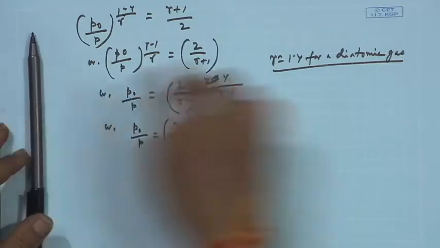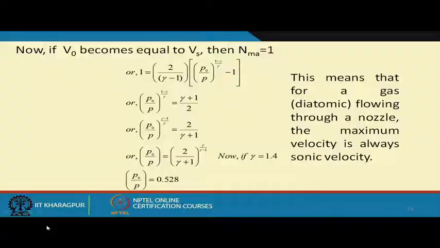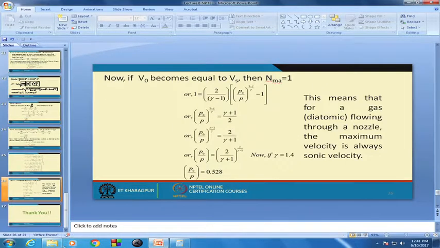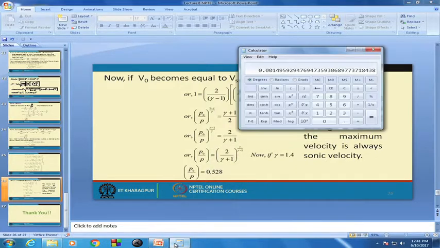And let us see what it makes. So we have 2 by 1.4 plus 1. So this is 2.4.